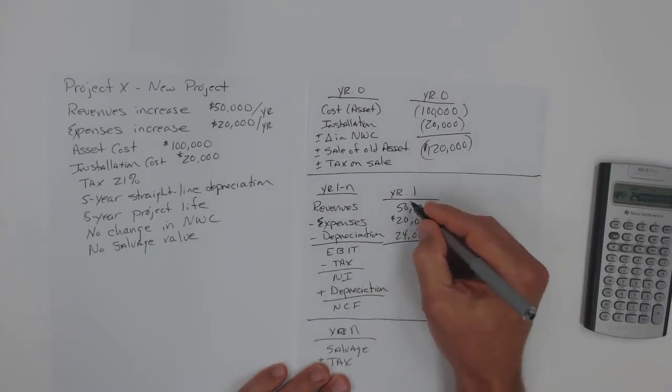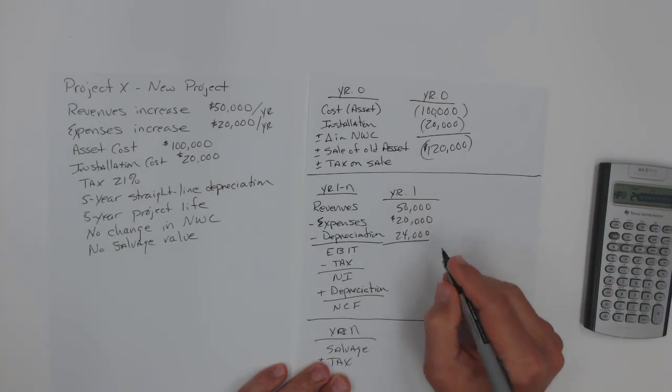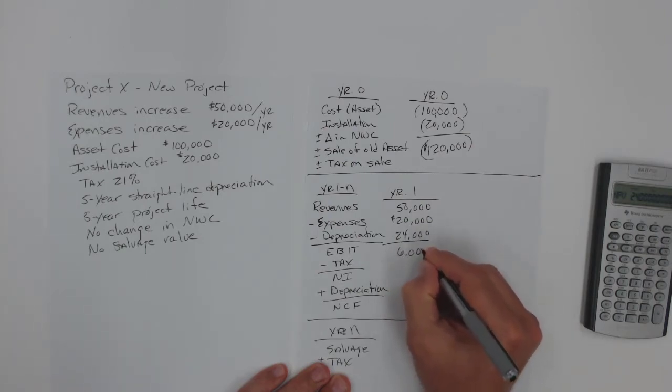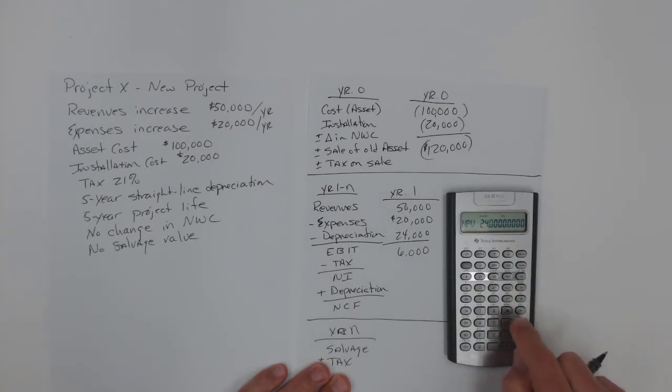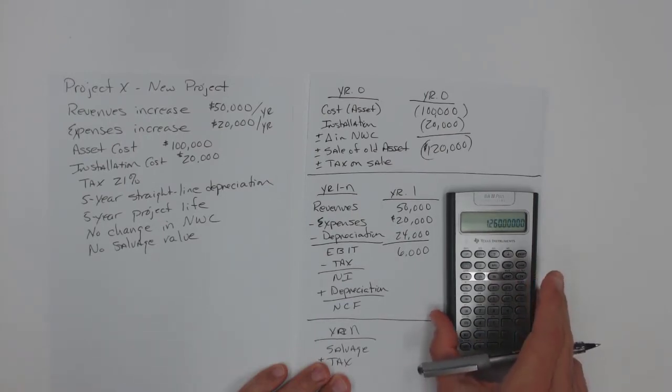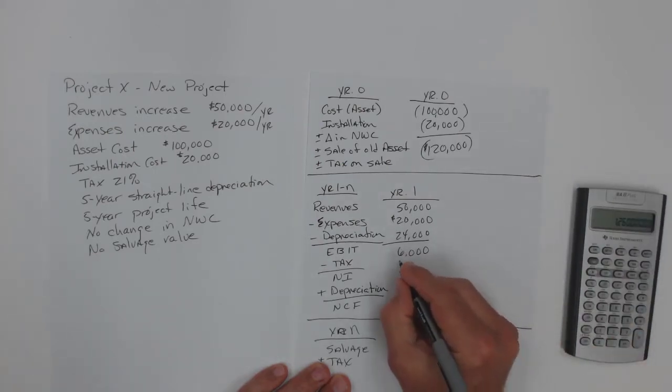That would be 50 minus 20 minus 24 would be 6,000. The tax on that at 21% would be $1,260.